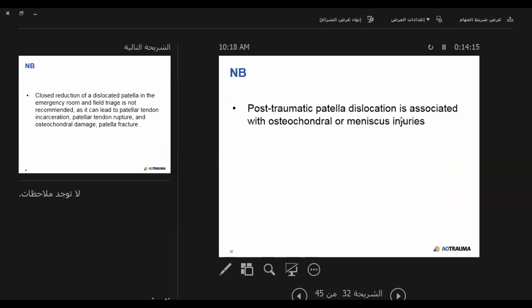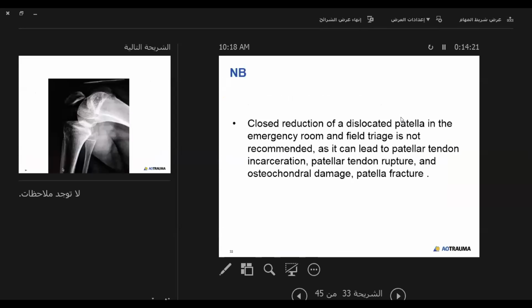You should always suspect osteochondral or meniscal injuries associated with it. And if you have a difficult closed reduction, or the patient presents to the emergency room with a persistently dislocated patella, you should suspect further injuries, like this Hoffa fracture.